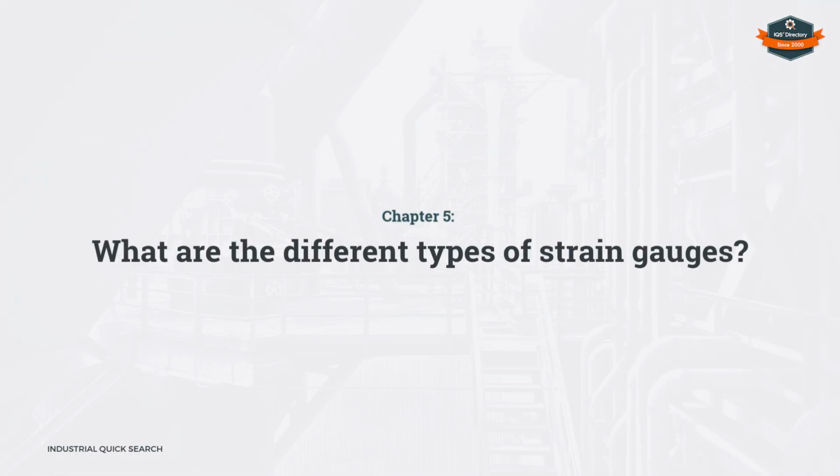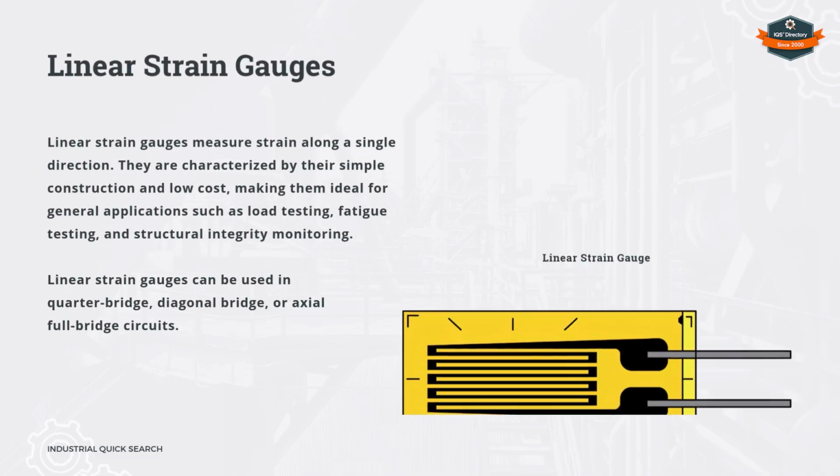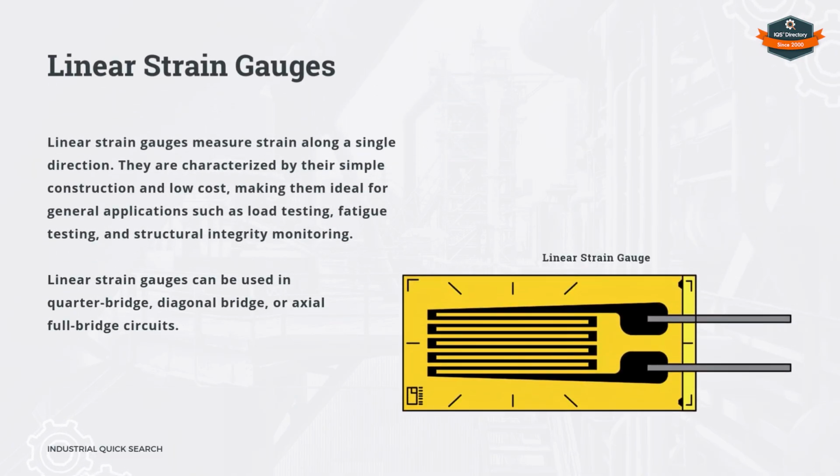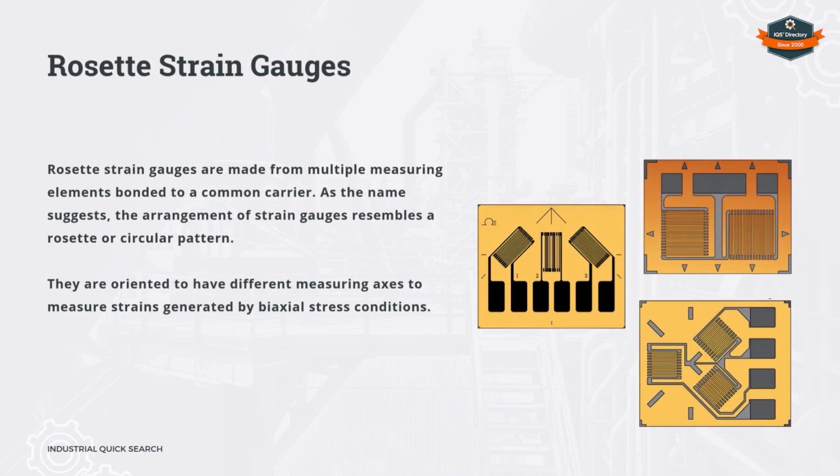Chapter 5. What are the different types of strain gauges? Linear strain gauges. Rosette strain gauges.